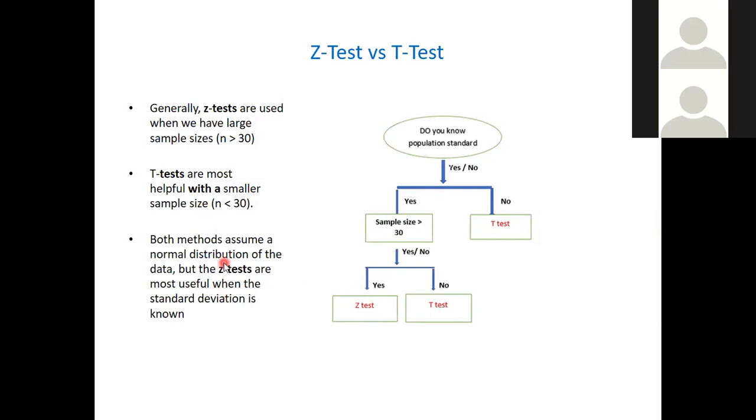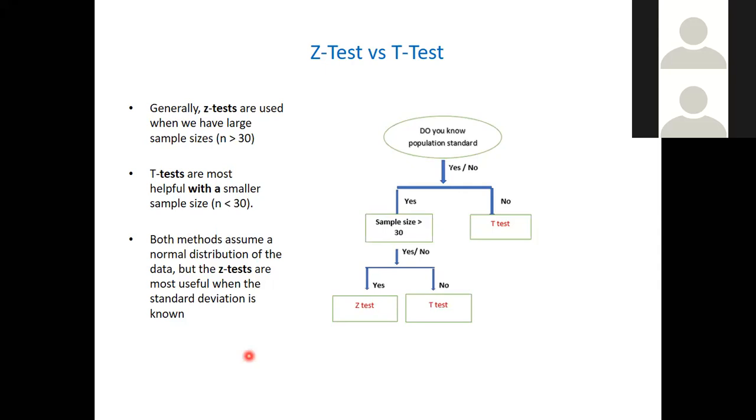Both methods assume a normal distribution of the data, but Z tests are most useful when the standard deviation is known. Z has to do with the population. So you cannot use a Z test if you don't know the population standard deviation. You must have an idea of the population standard deviation for you to use the Z test.